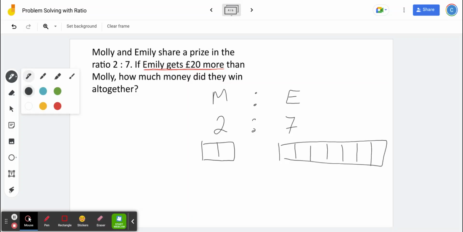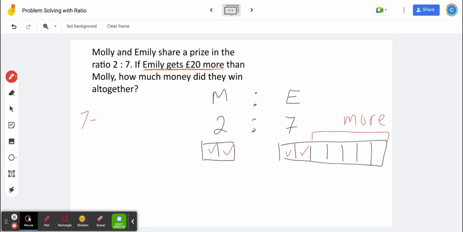Okay, so if we're thinking about the more, we're actually thinking about these boxes here, because they both had 2 parts, and then Emily had more. She had 5 more parts. Okay, so if you are happy visualizing this without pictures, you would just do 7 take away 2 and realize that she had 5 more parts.